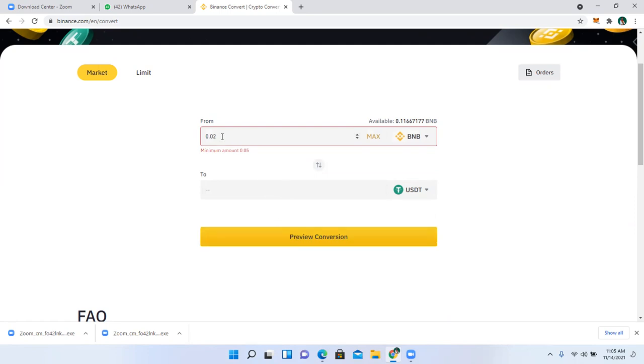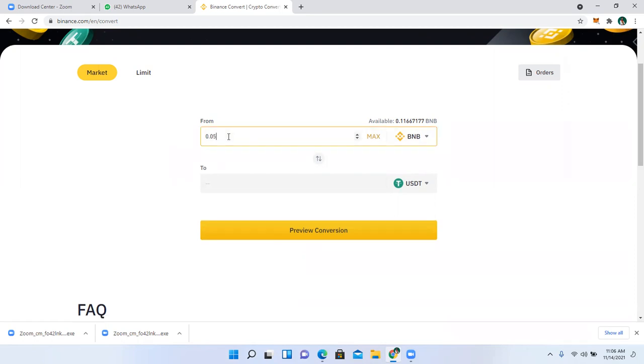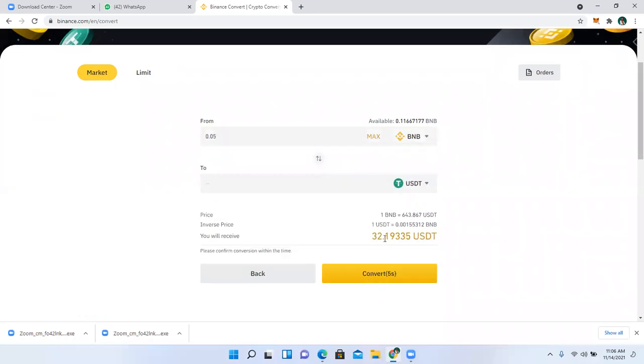It's too small. Binance is too small. Okay, say the minimum I can convert is 0.05. Normally, if I convert 0.05, I should be getting close to over $40, but you can see that I'm getting $32.